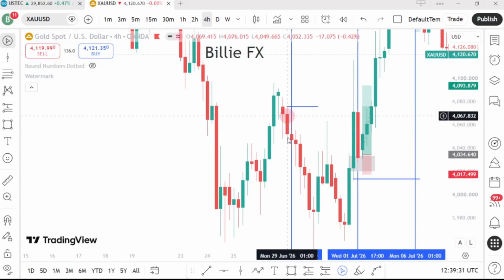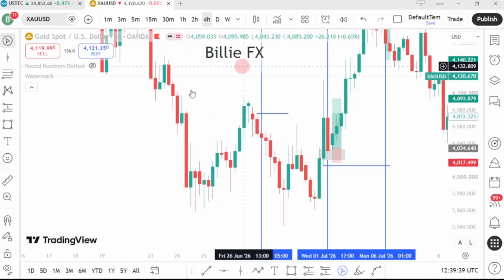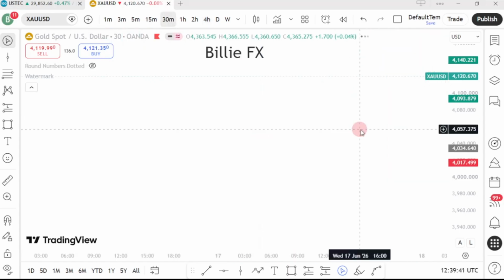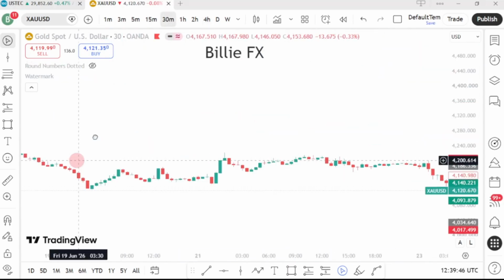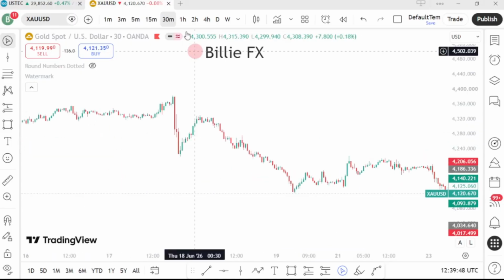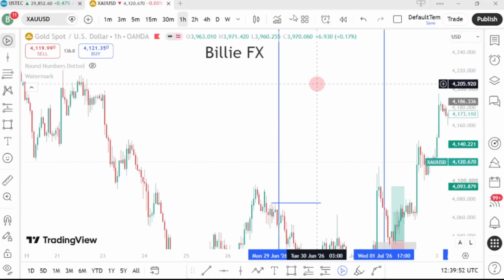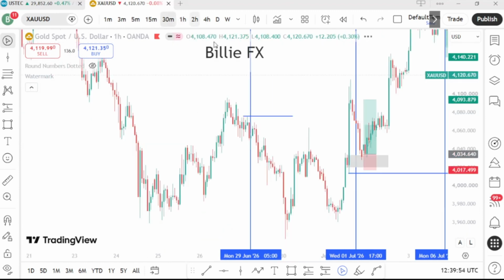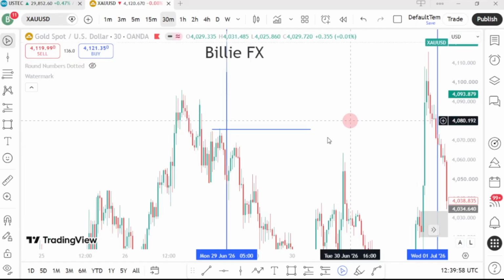So let's look at this area over here. We have this candle closing what? Bearish. So we're anticipating the next candle to also what? Close bearish, right? So we go to the lower time frame, the 30 minutes time frame if you want to use that. All right, so this is the area. So we can see that this is the tip of the what?